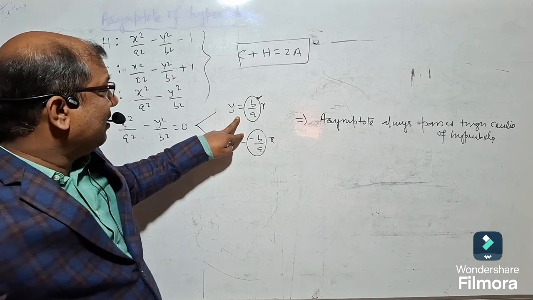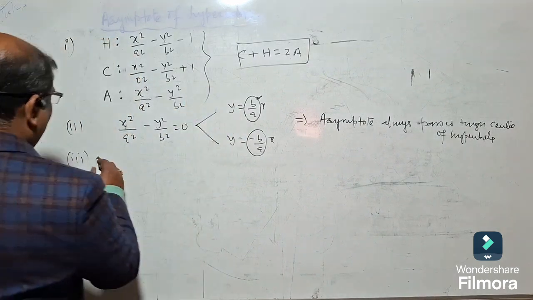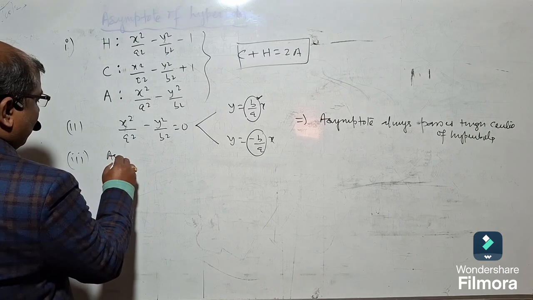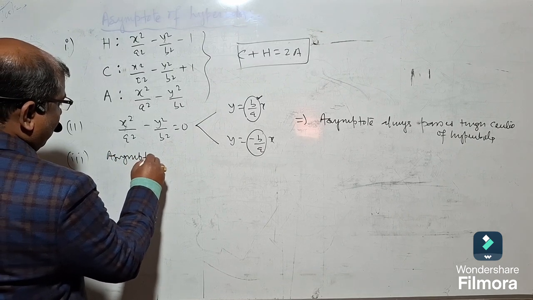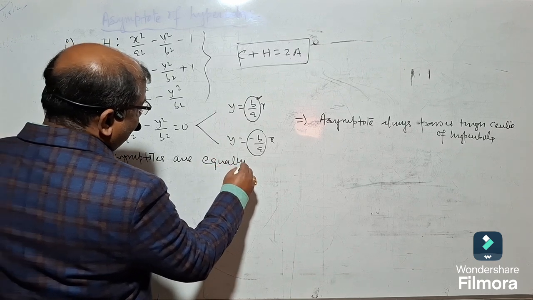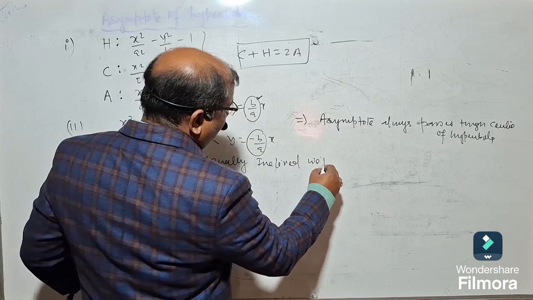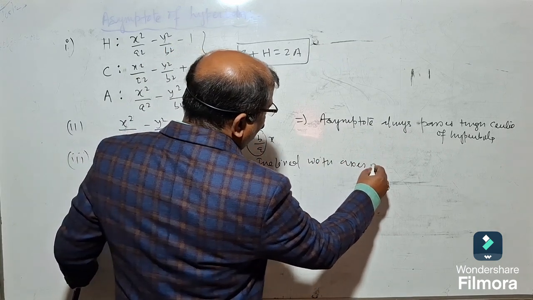Asymptotes are equally inclined with the axes of hyperbola.